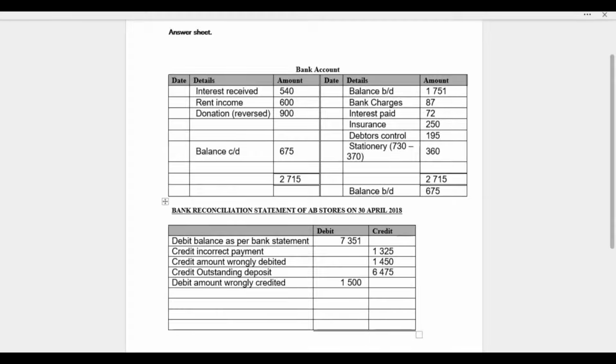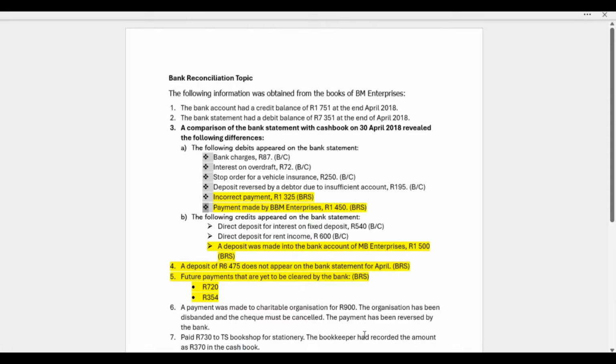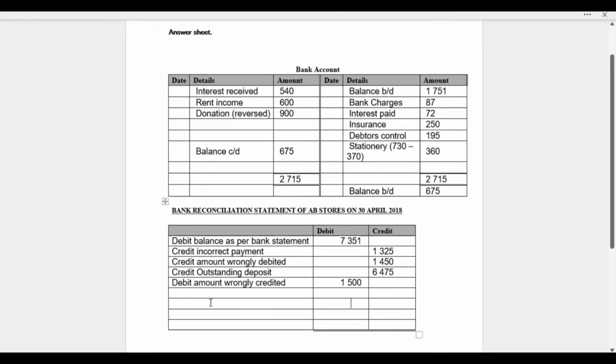The next one is what? Let's see. These payments that were uncleared. So for payments that were uncleared, you can just go under the BRS, or bank reconciliation statement, there and say debit uncleared future payments.